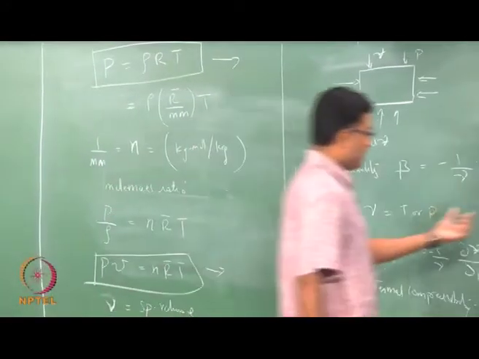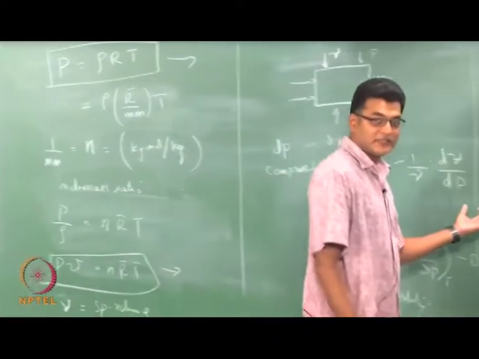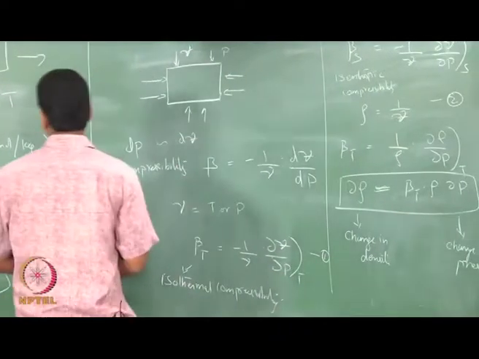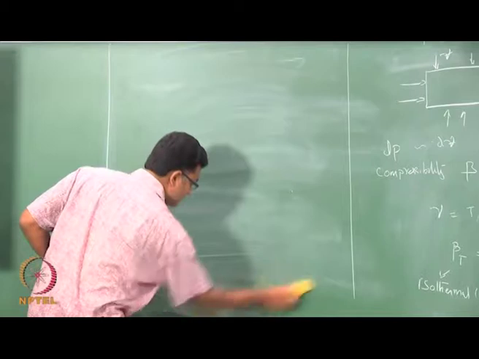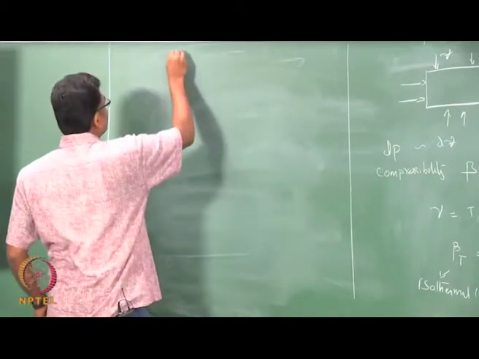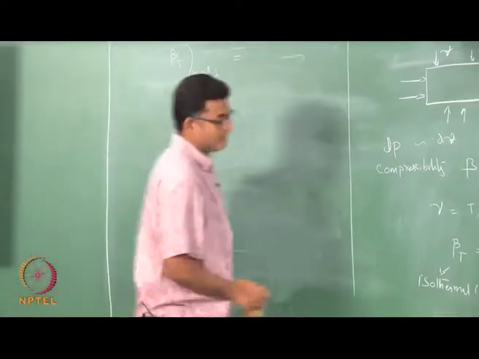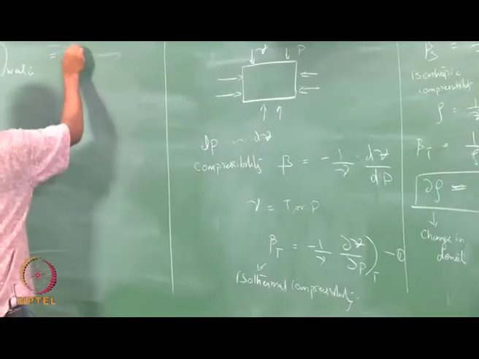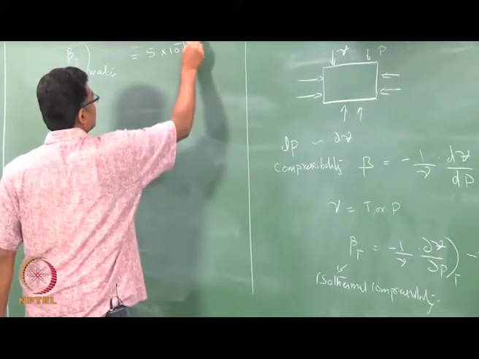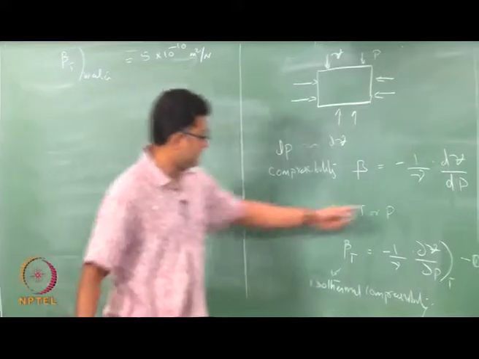Now, for this to happen, the beta T should be large. If the beta T is very small or the isothermal compressibility is very small, there is not going to be much change in your density. So, if you look at the compressibility of water, the unit should be the inverse of pressure.